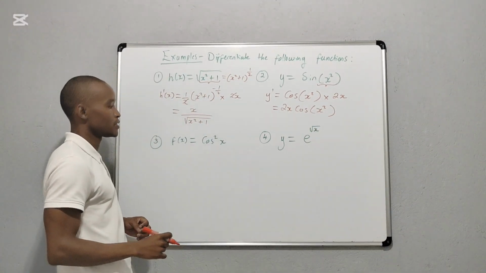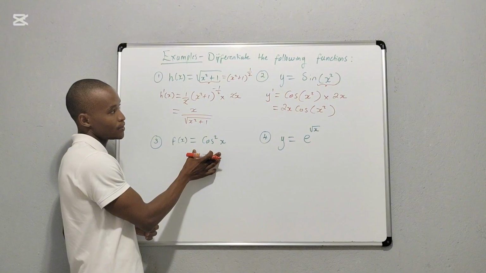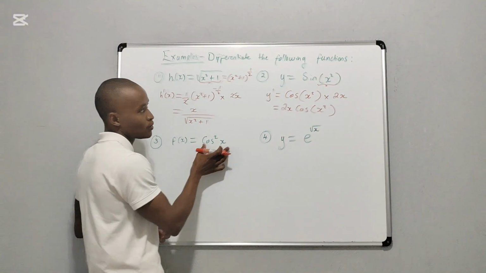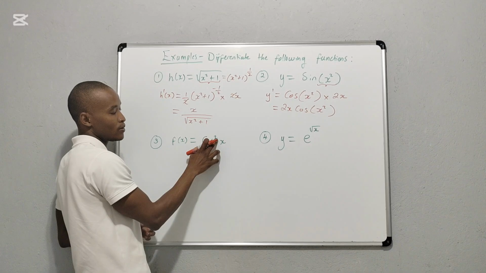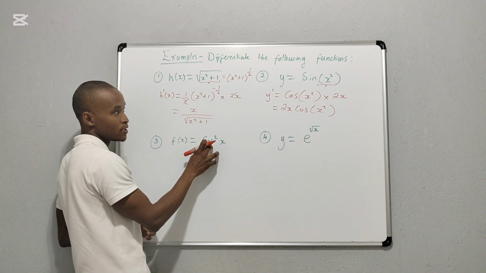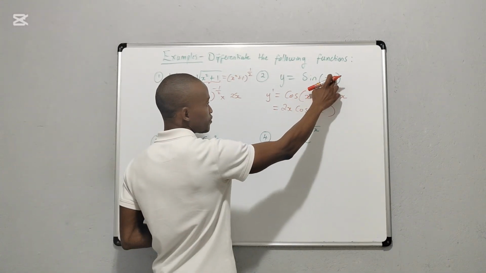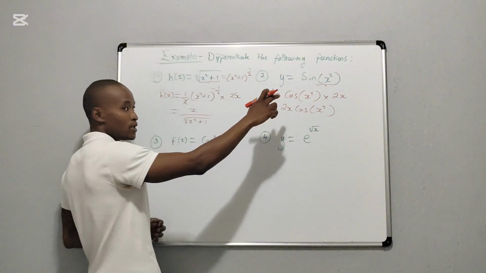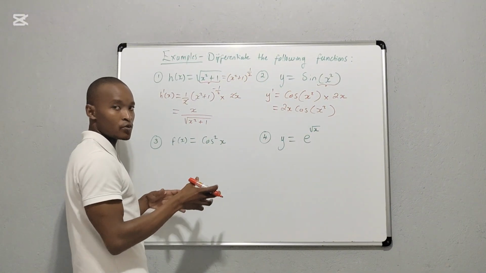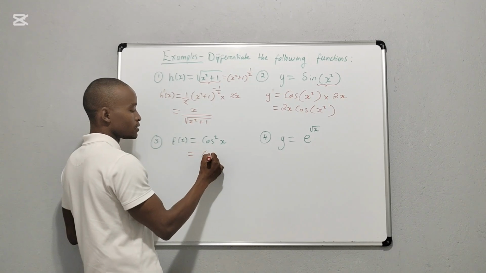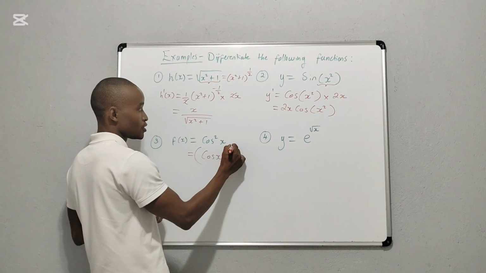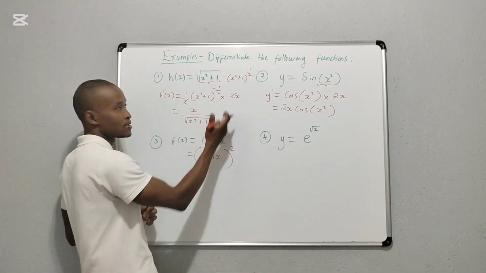Okay, good stuff. Here, you can see the difference with number 2. Number 3 is sine squared, or the power of 2 is for the function, and here the power of 2 was not for the function, it was for the input angle of the sine function. Okay, so actually you can rewrite this as sine x to the power 2. Similarity is there.